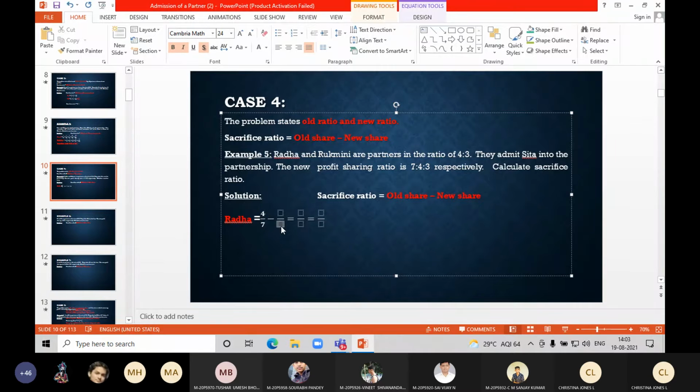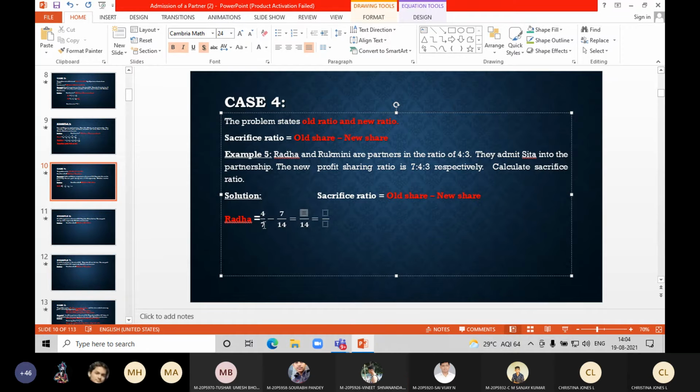How much is Radha having now? 7 by 14. Now take an LCM of 7 and 14. Remember, if this is subtraction, you can't directly minus. In addition and subtraction, denominators have to be the same. Multiplication, you don't have to bother. 7 and 14, the LCM is 14 itself.